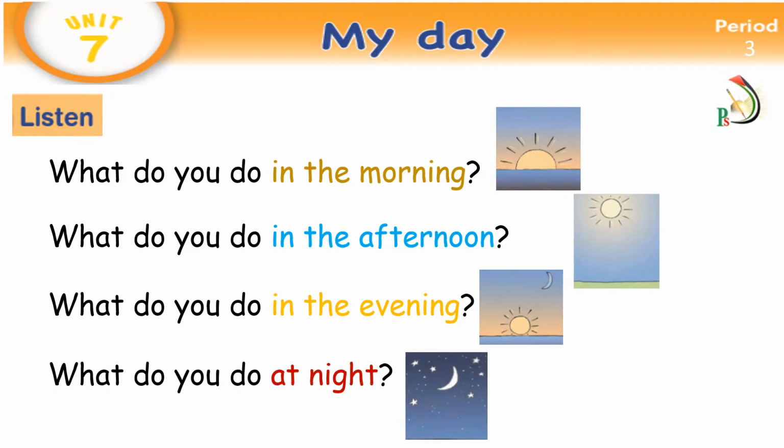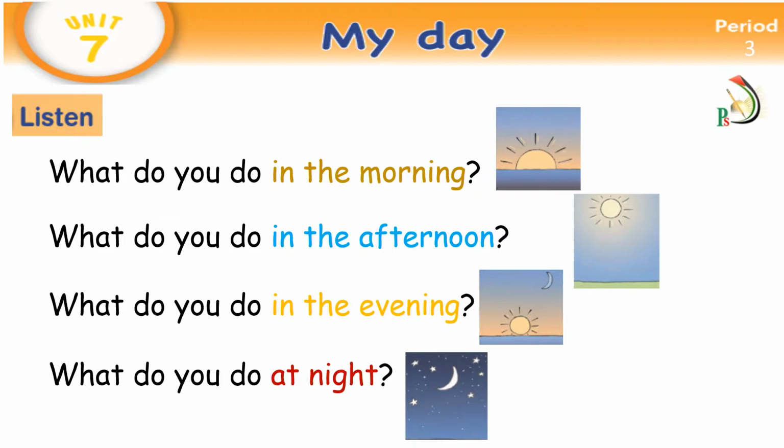Now, what's the meaning of the words in the morning, in the afternoon, in the evening, at night? Morning, it means when the sun rises or when the sun comes up. Afternoon, it means when the sun is in the middle of the sky.